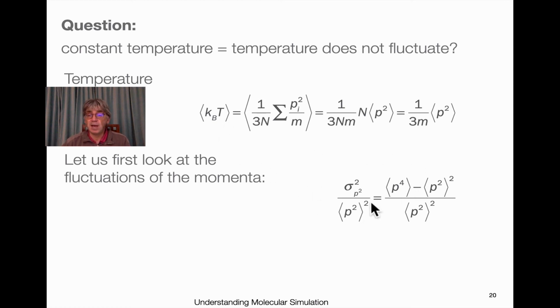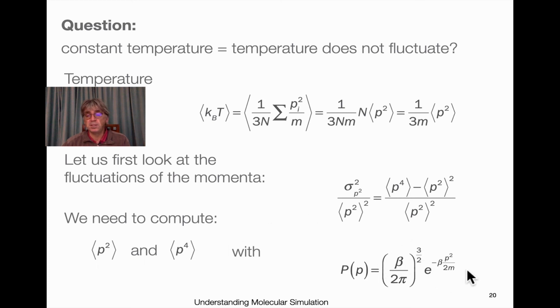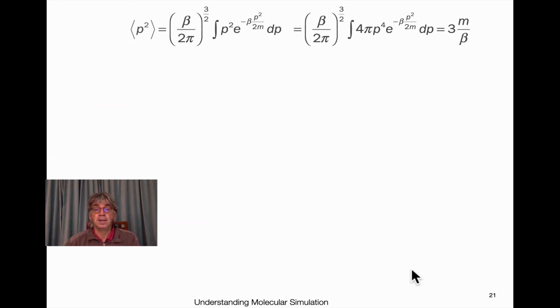So here we have the fluctuation formula, for a Gaussian distribution, the standard deviation squared divided by this value squared. And if you substitute it, you get these terms here. Since they're all Gaussian integrals, we can compute them. So we need to compute this one and this one with this probability distribution, and we can do these calculations of these two ensemble averages analytically.